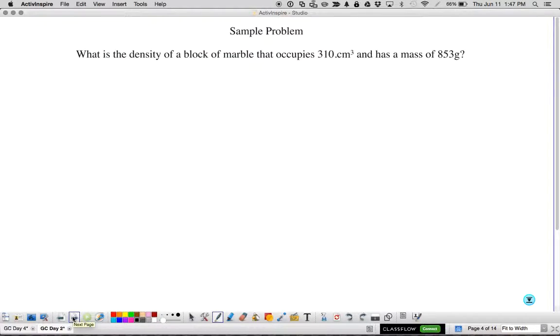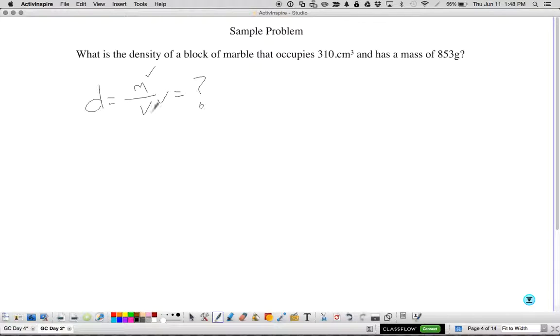All right, so here's a sample problem, and as promised, I will show you 2 different ways to solve the problem. The first one is using density as a formula. So D equals M over V. What we're looking for is density, so that's what we're trying to find. I'm given a mass that's 853 grams, and I'm given a volume.